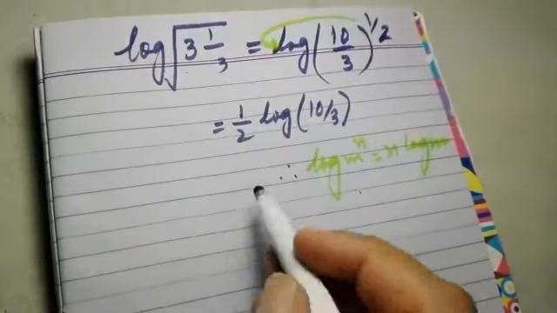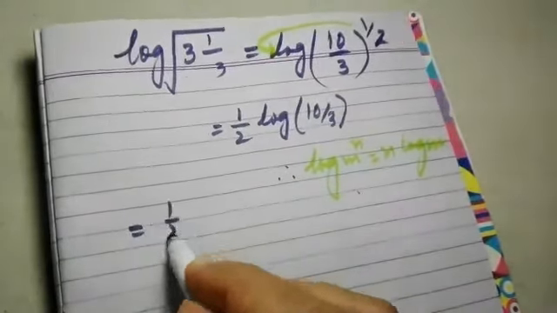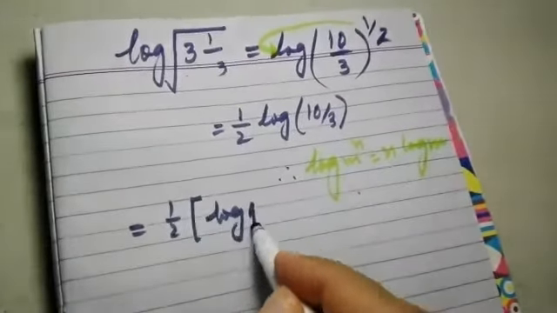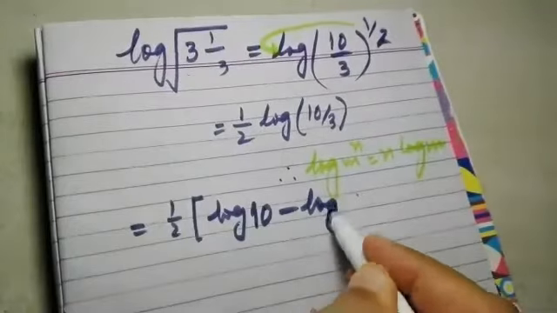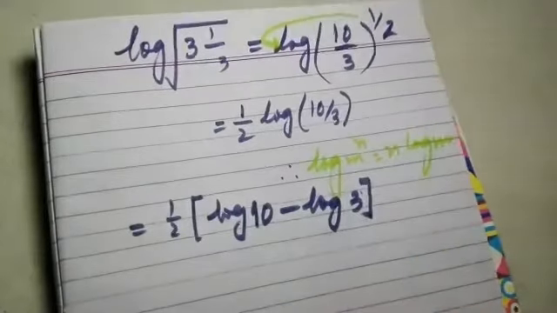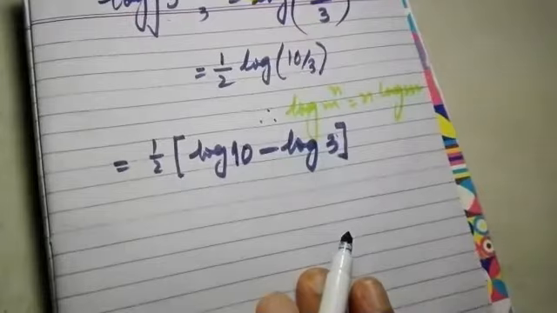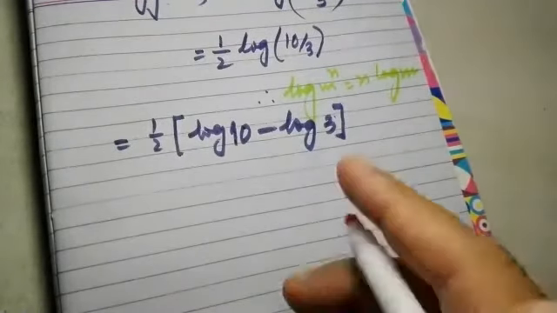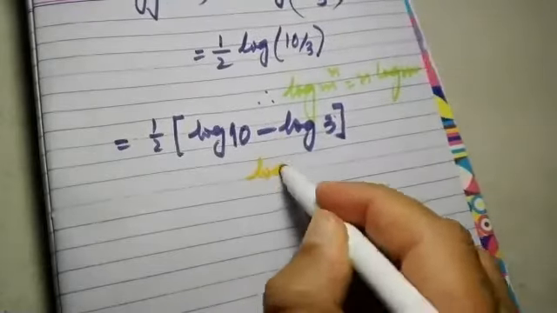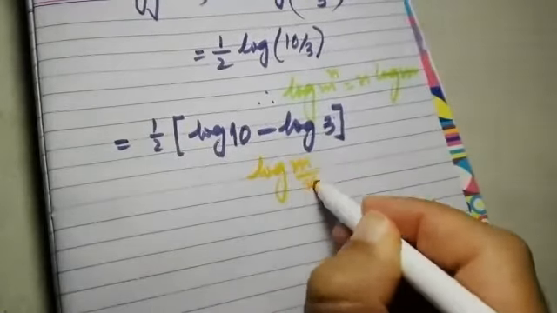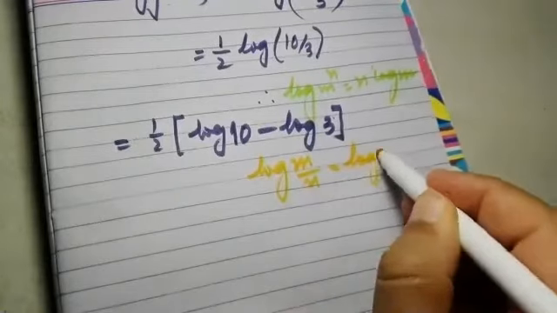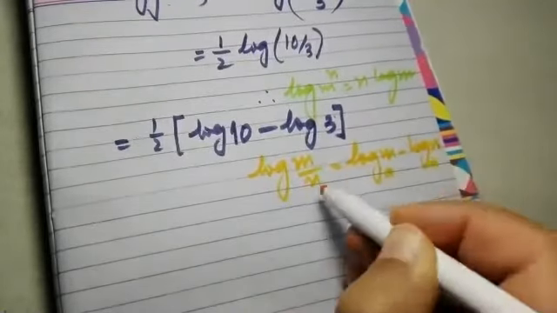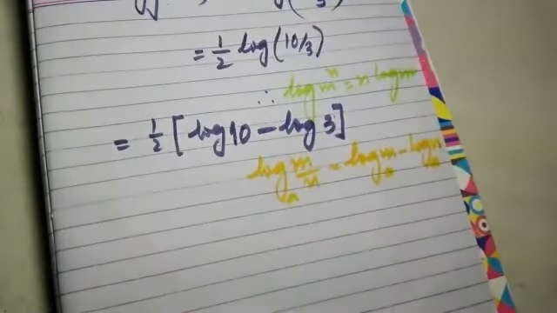In the next step, I will convert this fraction into a difference of logarithms. We can do it by using the second law, which states that log of m over n is log m minus log n. This is because of the second law of logarithm.